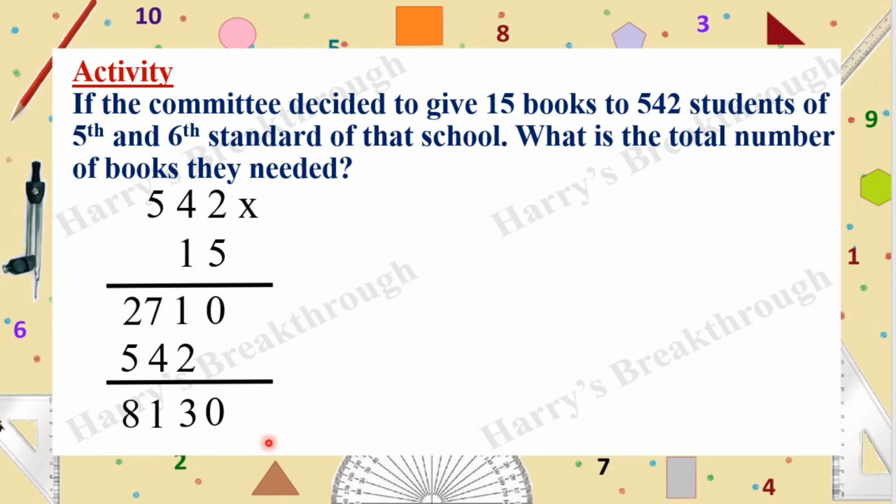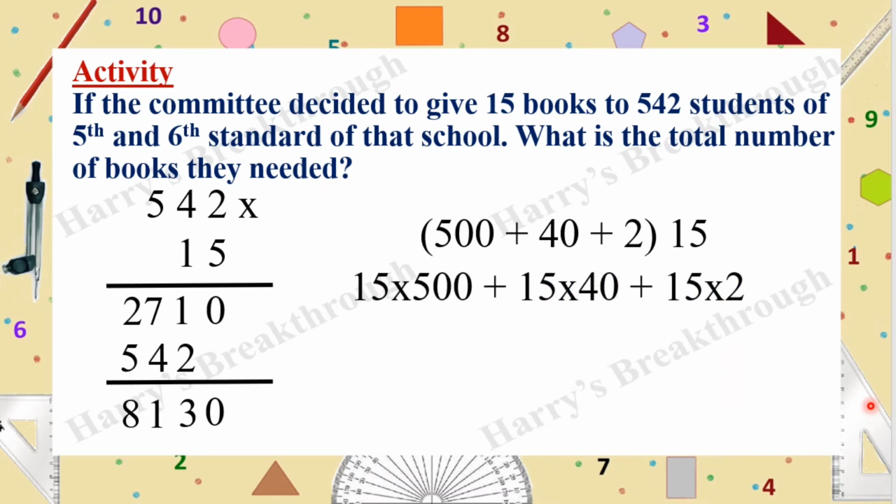And let's try the same problem in the second method. Let's split 542. So 500 plus 40 plus 2, into 15. 500 plus 40 plus 2 is equal to 542. Now multiply 15 into 500 plus 15 into 40 plus 15 into 2. So 15 into 500. We know that 15 into 5 is 75.